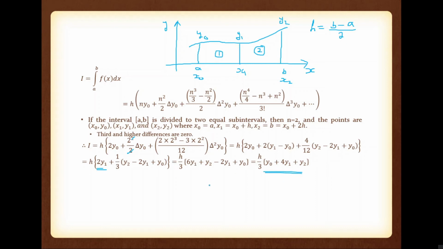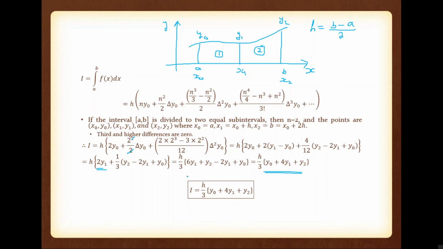So please note, as per Simpson's one-third rule, if you are dividing the given interval into two equal subintervals, then I is equal to the integral a to b f of x dx is equal to h by 3 into y0 plus 4y1 plus y2.